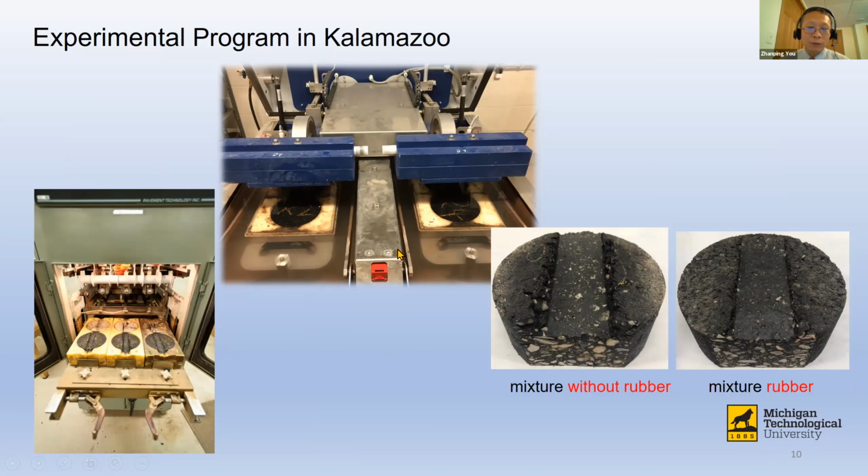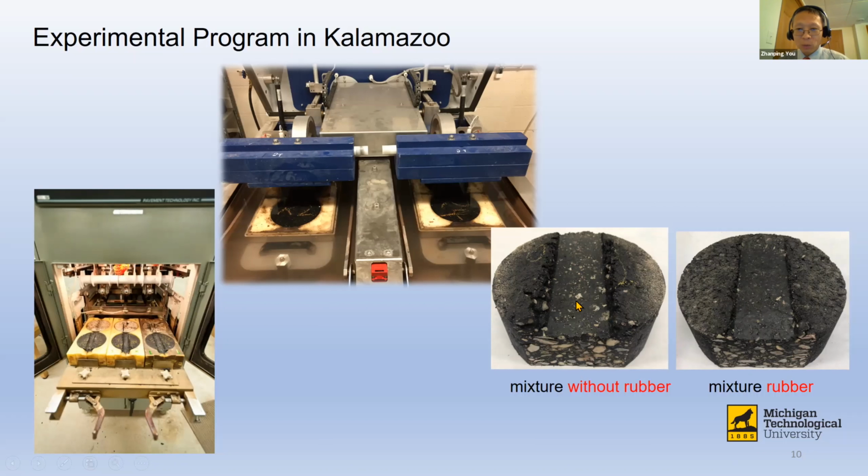For this other machine, we call it the Hamburg testing device. You can see the samples placed down here, and wheels apply load back and forth, and then generate the ruts. Take a look at the picture on the right hand side. There are two samples. Both samples have some ruts now after many cycles of load.